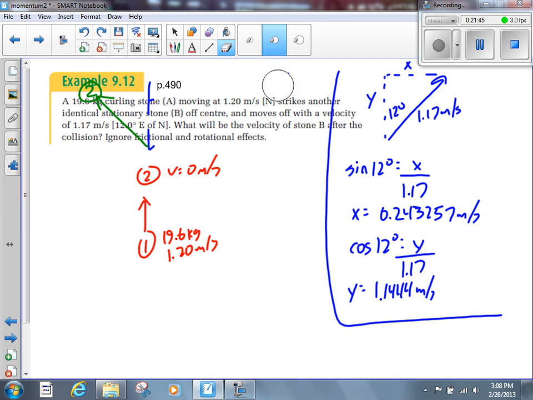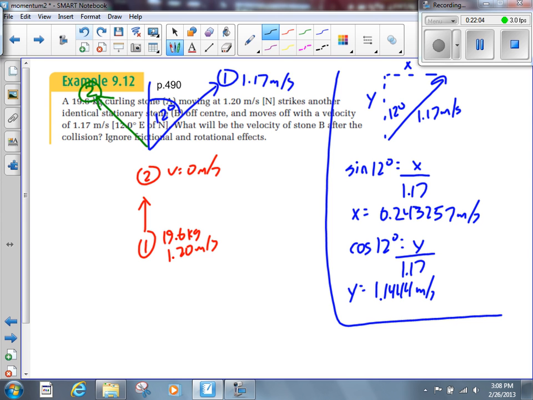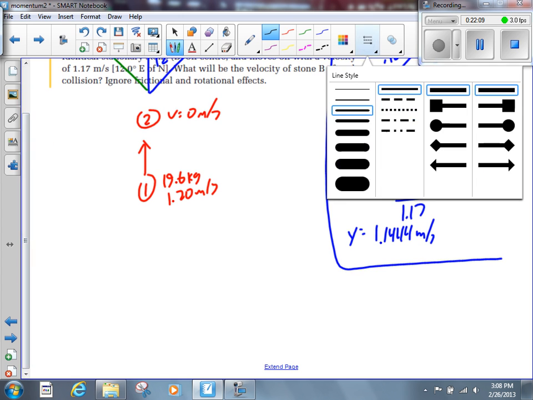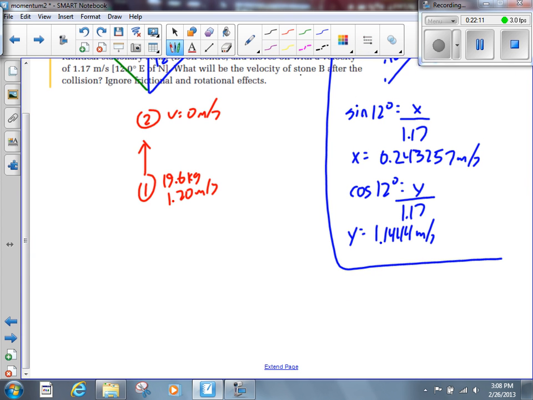I've just replaced that vector, 1.17 meters per second at 12 degrees, with an x and a y. The x being 0.24 and the y being 1.14. Now I can go and do my thing, the thing that I've done many, many times over the last couple of weeks. pi is equal to pf. We're going to do it in the context of x and y components.